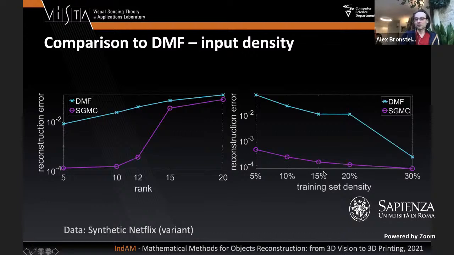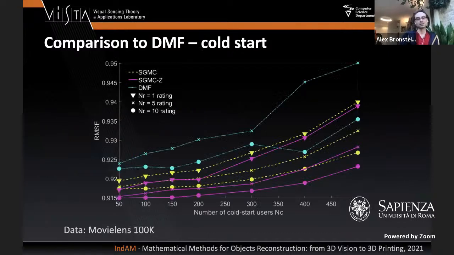When the training set density goes down, the reconstruction error of SGMC grows less fast than DMF. Again, we have a difference of 2 orders of magnitude, with all the rest of the conditions remaining the same.